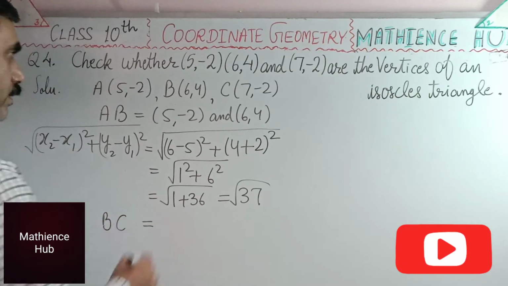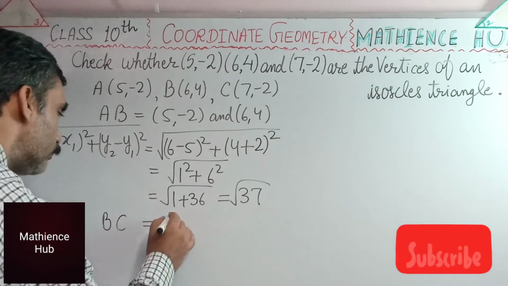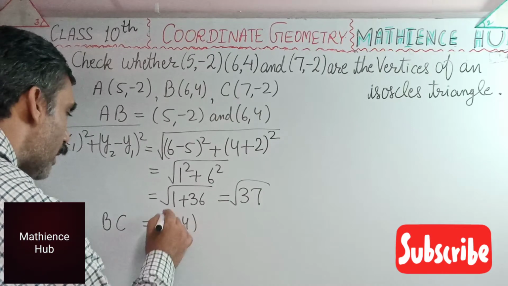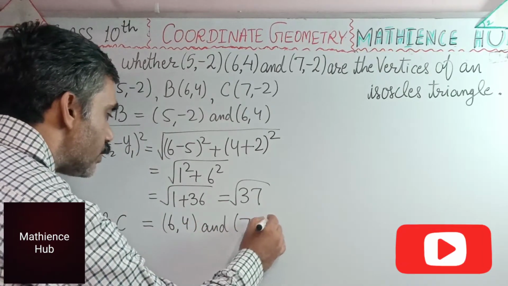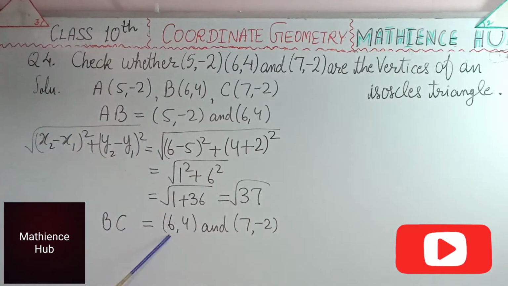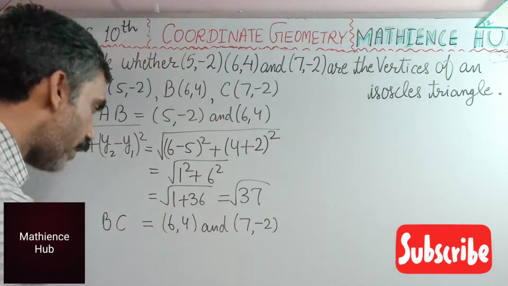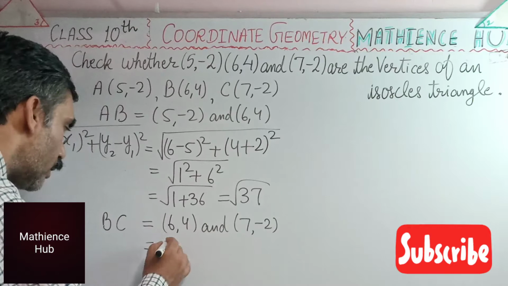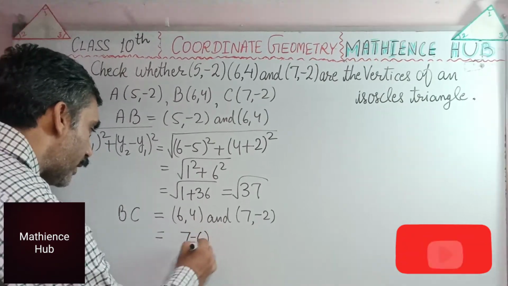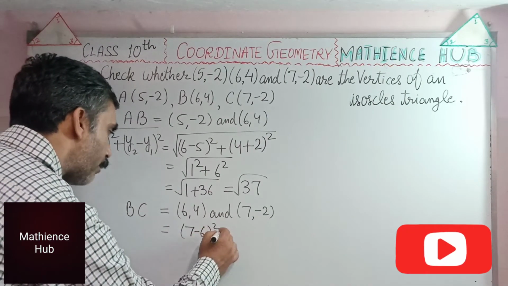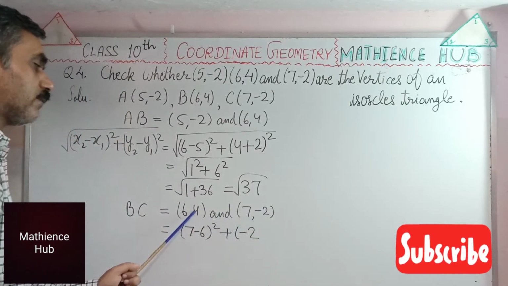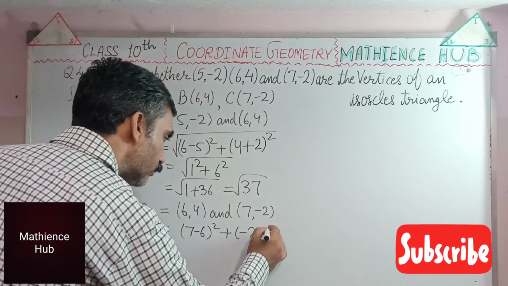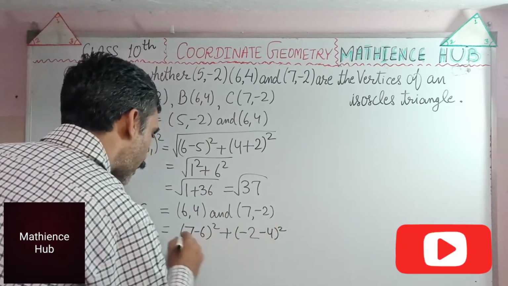BC is (6, 4) and (7, -2), as x1, y1, x2, y2. 7 minus 6 whole square plus (minus 2 minus 4) square.